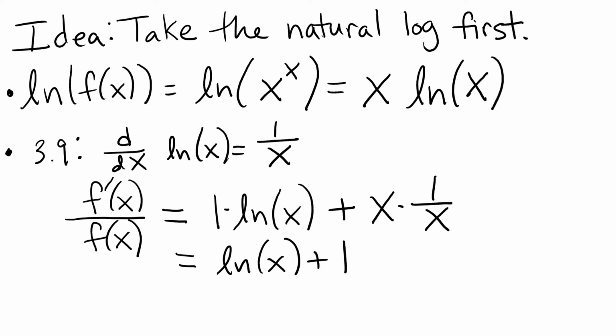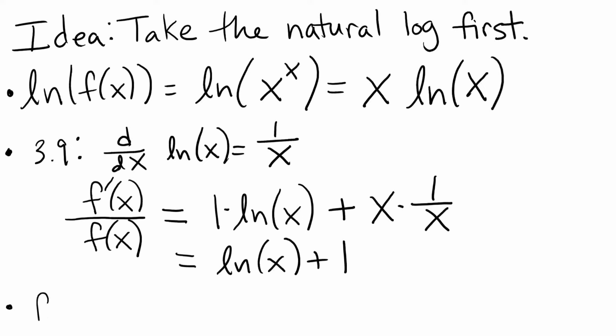Now the important thing to notice is that what we wanted to find was this f prime of x. That was the goal. It's always important to keep the goal in mind. And we almost have it on the left-hand side. The left-hand side is only different from f prime because it has this f in the bottom. But we know what f is.